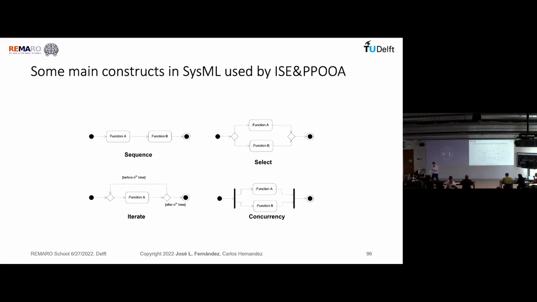It's important. Consider, Carlos, that these arrows are flow of control, not the flow of items. Okay? This is the flow of control. So when this function finishes, it activates the next function. Think in tokens, as in Petri nets, okay?